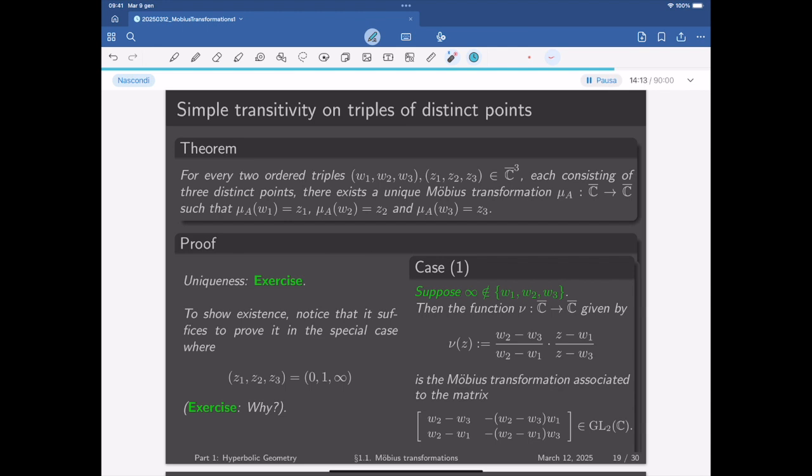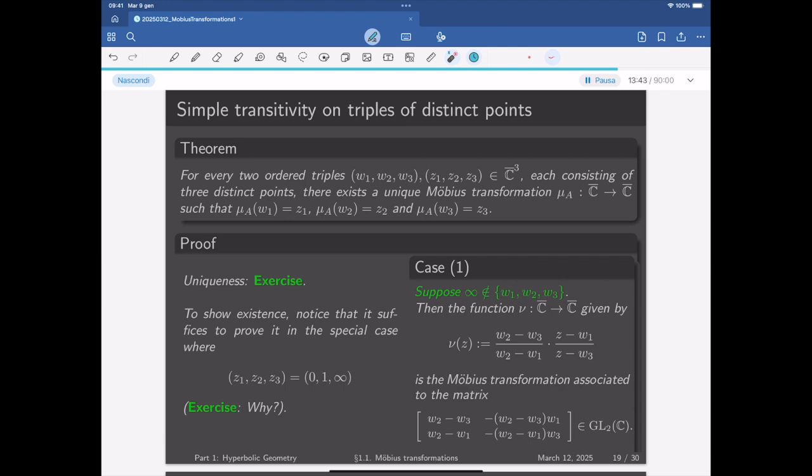So that's why this is enough. If I prove the theorem in this case, then the theorem is proved in general. Because you give me two arbitrary triples, and I want to send first to first, second to second, third to third. So what I do is I send each to 0, 1, infinity, and compose. Okay.